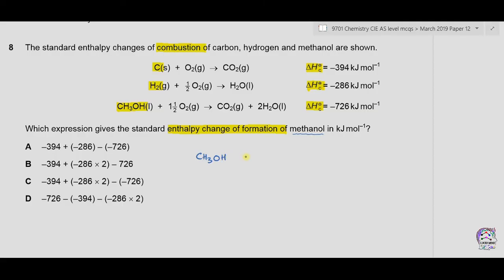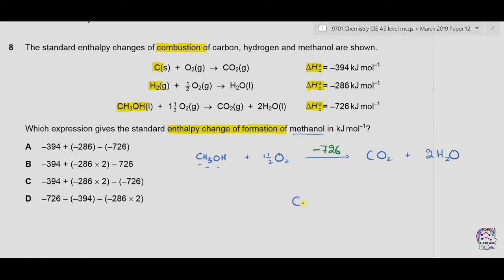CH3OH. It reacts with oxygen to form carbon dioxide and water. The enthalpy change of combustion for this reaction is negative 726 kilojoules per mole. Let's make a triangle and apply Hess's law. We have carbon that is present as an element, hydrogen as an element and oxygen as an element.